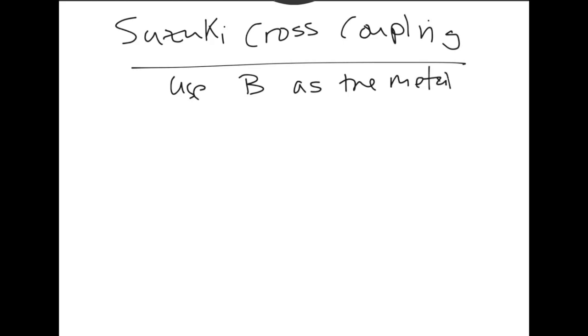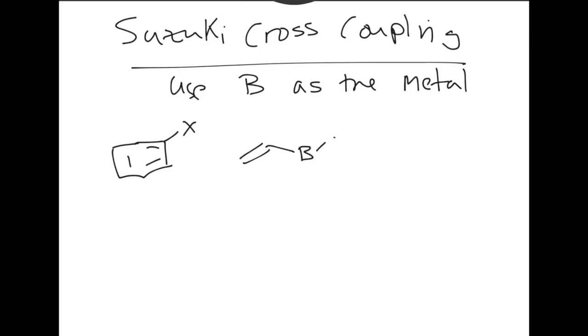And you may be thinking, well, boron's not technically a metal, it's a metalloid, and this is true, but it acts enough like a metal in this context to work. So just like all the other ones, you're going to have your halide, and then you're going to have something that has some boron reagent. So oftentimes it's a boronic acid.